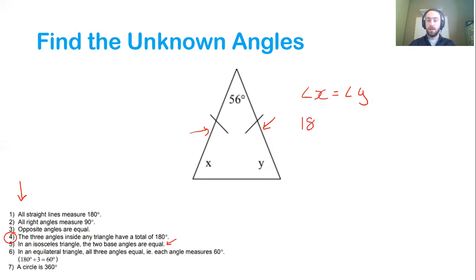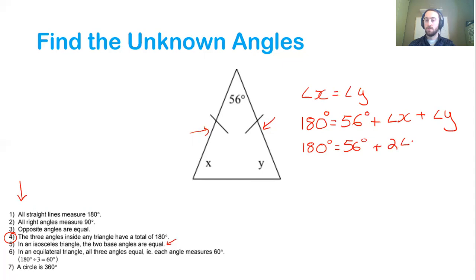So 180 is equal to 56 degrees plus angle X plus angle Y. Now, we know that angle X and Y are equal to one another, so we could simply write 180 is equal to 56 degrees plus 2, let's call it angle XY.